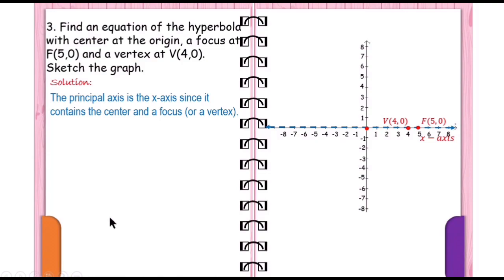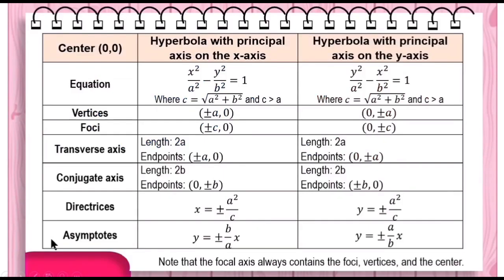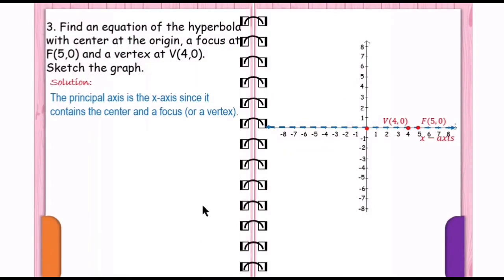And we use the equation x squared over a squared minus y squared over b squared equals 1, where a is equal to 4. Since the center is at the origin and one of the vertices is at (4, 0), we can determine the other point, which is at (-4, 0). The distance from the center to any of these points is 4 units.